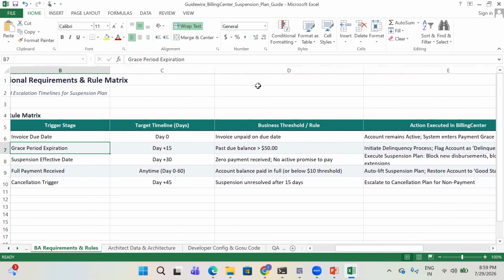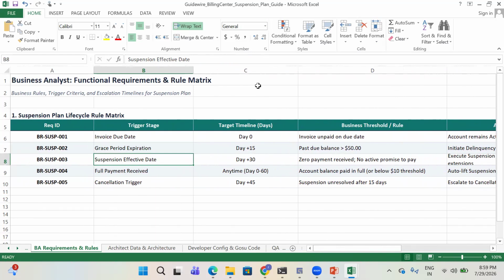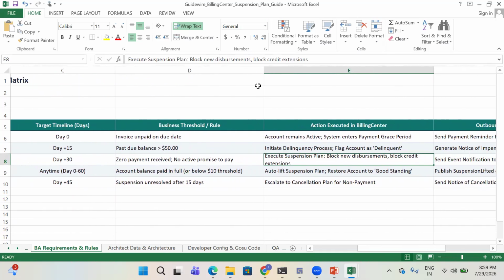This is the second requirement. Third requirement, suspension effective date, right? Consider that we are giving 30 days of time. For example, if there is no payment that we have received, as a business threshold limit, and no active promise has been paid by the customer, even though we have sent the reminders, then automatically the system has to execute the suspension plan here. That's what the requirement majorly lies on.